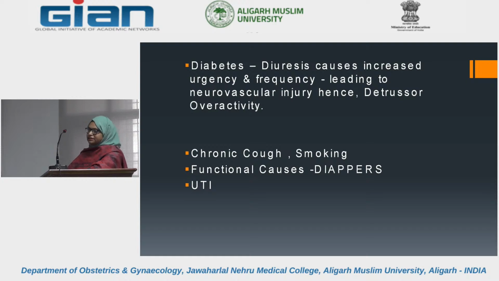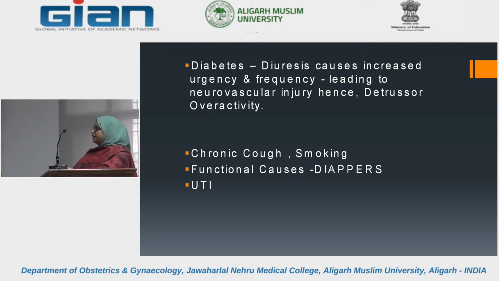Then diseases like diabetes, which causes diuresis and neurovascular injury, lead to detrusor overactivity. Similarly, the history of cough and history of smoking should be asked. Then functional causes for incontinence, there is a mnemonic, that is DIAPERS.